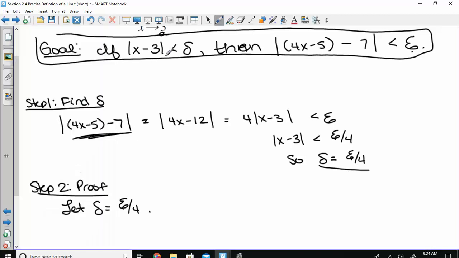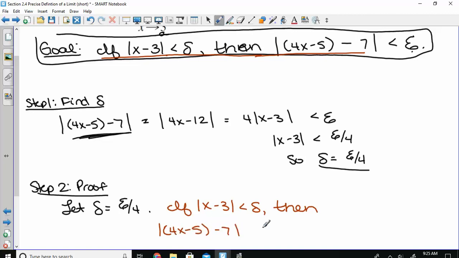Then we are going to state the first part of what we're trying to prove. So if the absolute value of x minus 3 is less than delta, then we'll go ahead and state this part: the absolute value of 4x minus 5 minus 7.